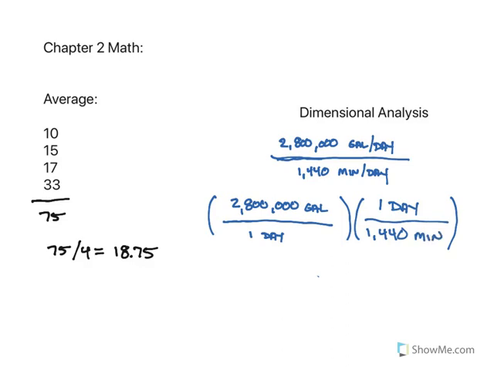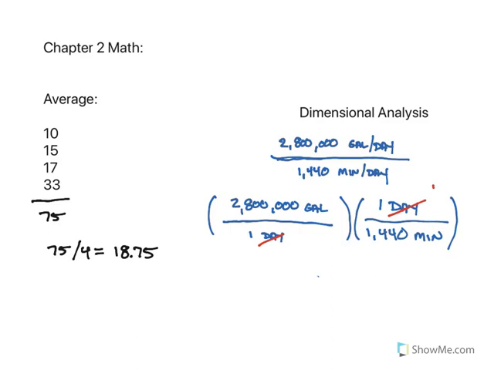And now when we're multiplying fractions like this in a story problem, we can cancel out like units of measure. So in this case, we could cancel out days. We have a day in the denominator on this side and a day in the numerator over on this equation, so they actually cancel out.